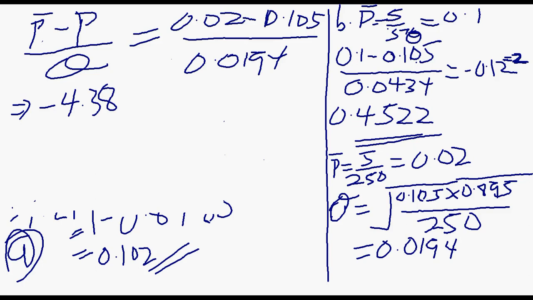We are getting negative 4.38. So we trace that one on the Z table. That's what I'm getting now.